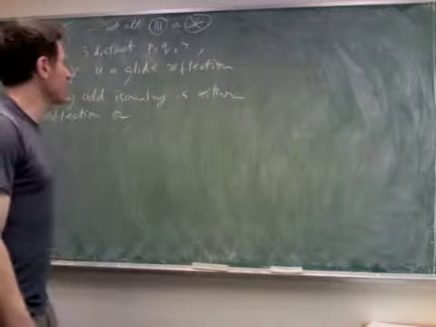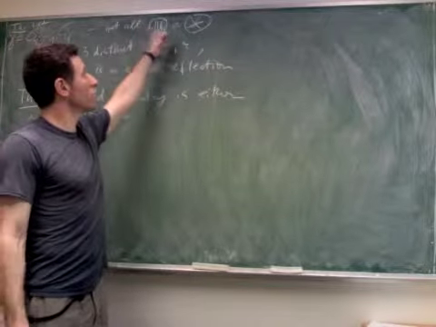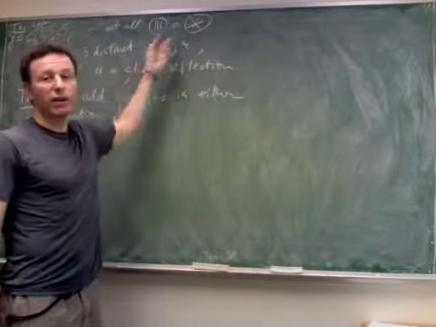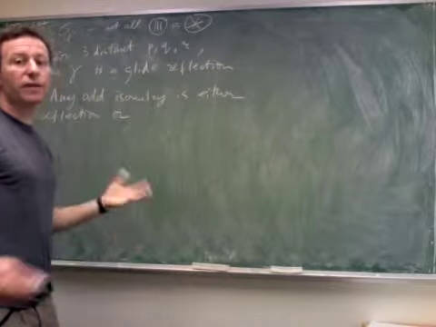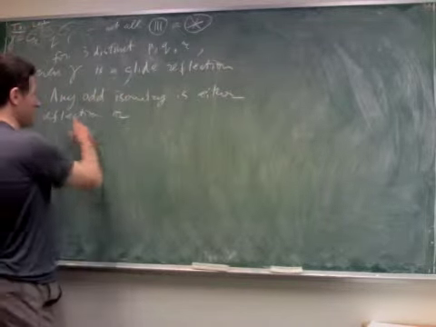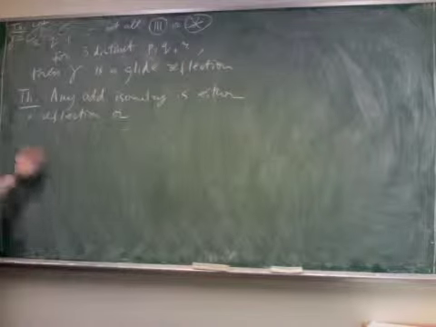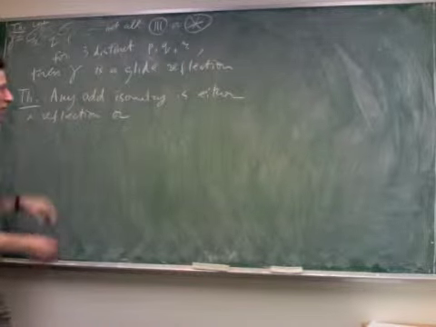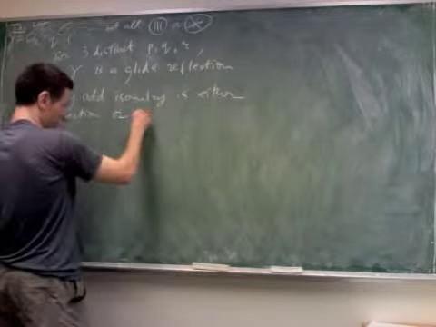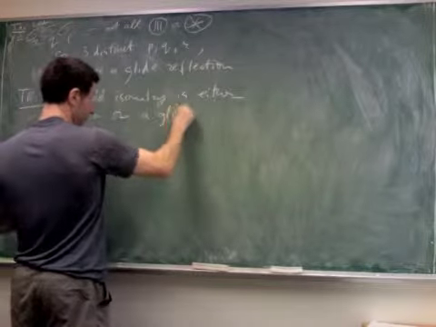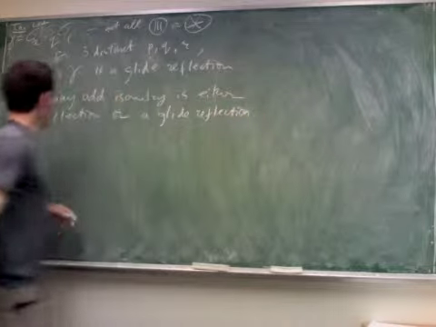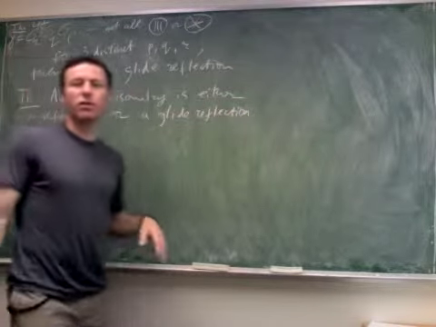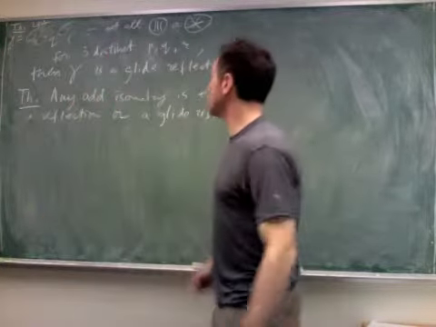And if these three reflections are in parallel or concurrent lines, then we have a reflection again. But if they are neither parallel nor concurrent, then it must be a glide reflection. So any odd isometry must be a single reflection or a glide reflection. And then we have the classification of all isometries. Finally, the goal is achieved.